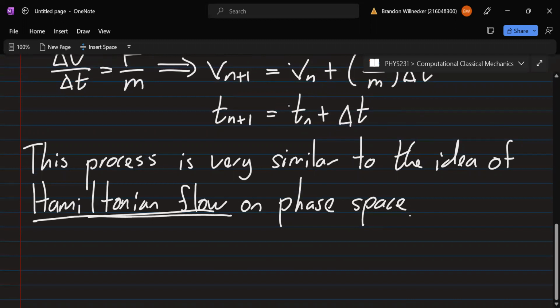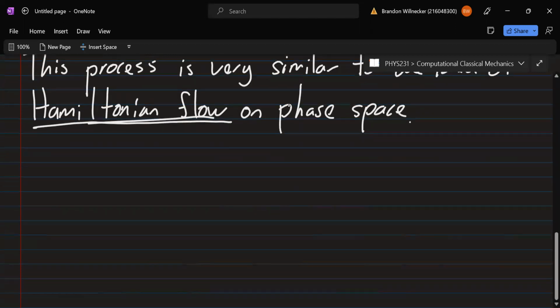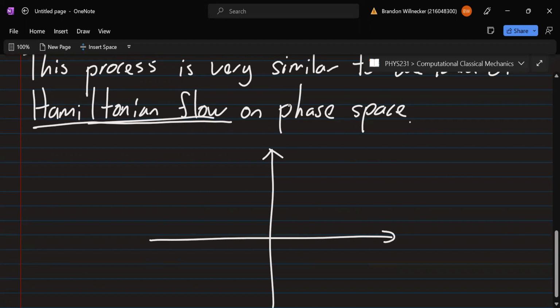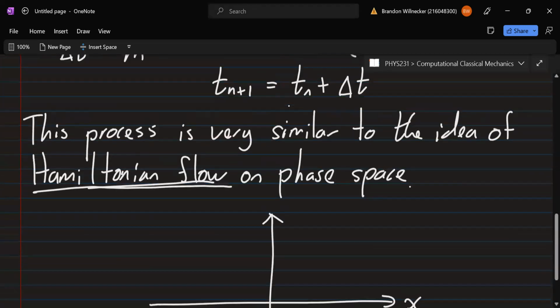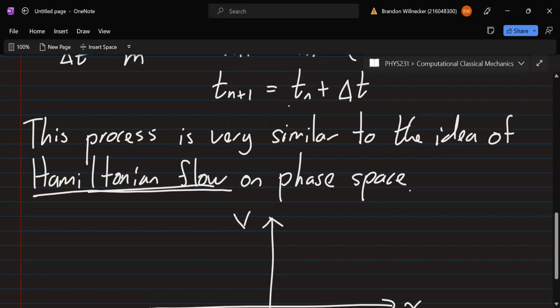You will learn about this later on in your classical mechanics, but just briefly, we imagine phase space as this two-dimensional space, if we're working in one dimension, where along one axis we have the position, and on the other axis you typically have momentum, but in our case we're going to be dealing with velocity, so just v.